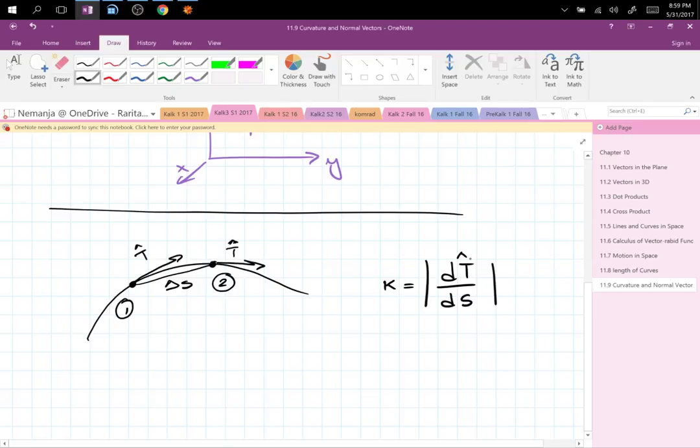Something like this we're not too keen on computing, so we are going to use this to define, because it's easy to understand. You can see the arc length there, change in s, and you see that the tangent vector is changing its direction as the point travels from position 1 to position 2.